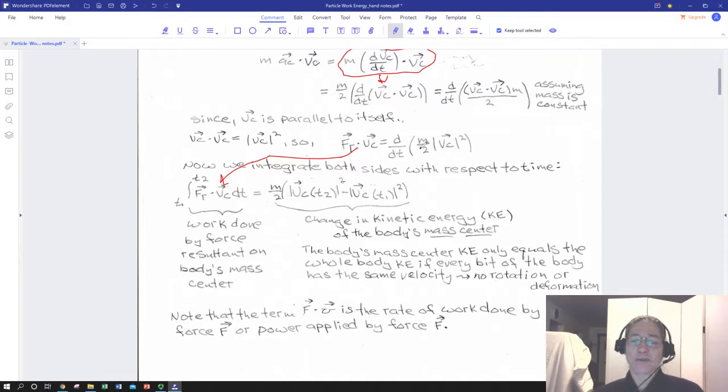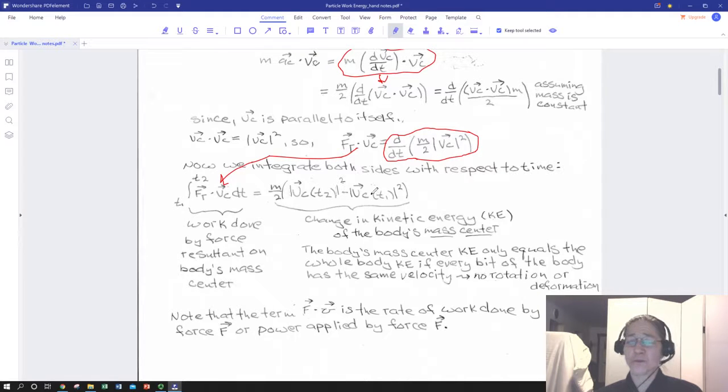And of course, if we integrate this side, we just simply end up with what's inside the differential, which is the mass of the body divided by 2 times the velocity at one time squared minus the velocity at the other time squared. So again, that is the change of kinetic energy.